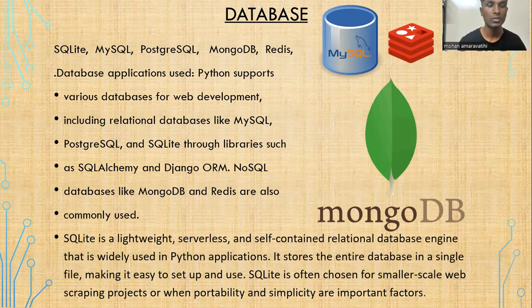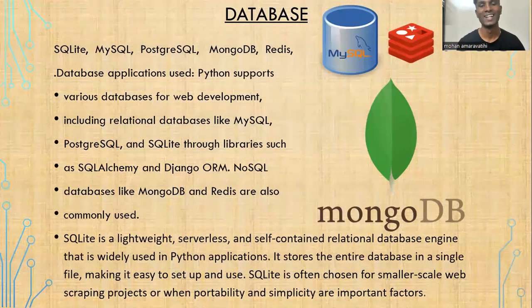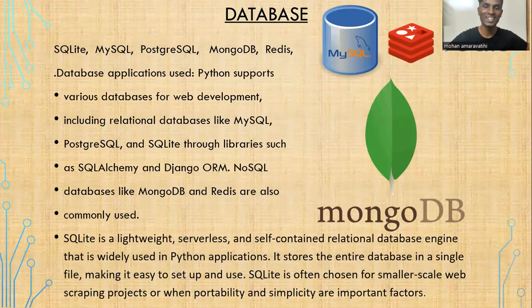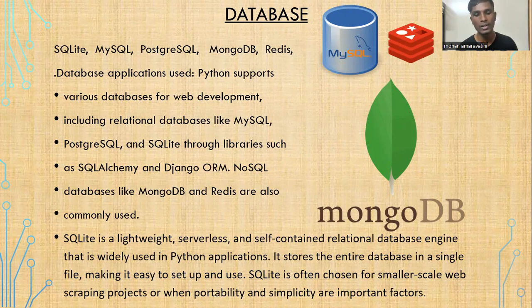SQLite is a lightweight, serverless, self-contained relational database engine that is widely used in Python applications. It stores the entire database in a single file, making it easy to set up. SQLite is often chosen for smaller scale web scraping projects or when portability and simplicity are important.